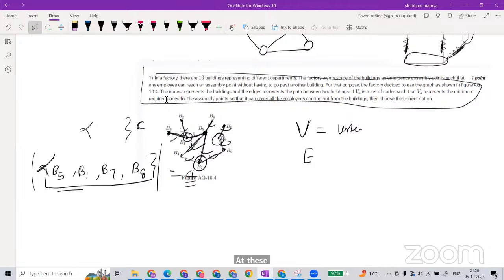In case of an emergency, what are the minimum points where all the employees can come out without passing through other buildings? In that sense it is B5, because from B6, B2, B3, B1 you can come to B5. Similarly, B1 and B8.